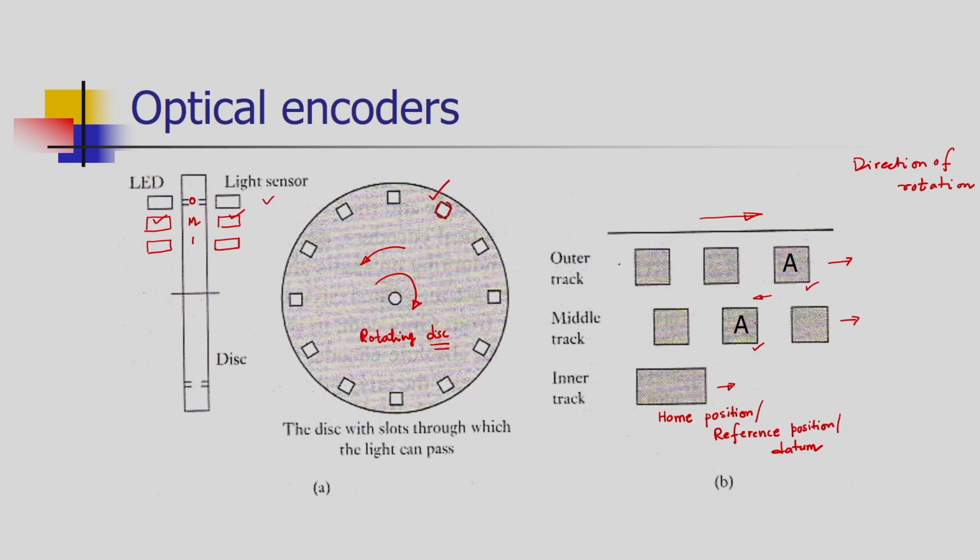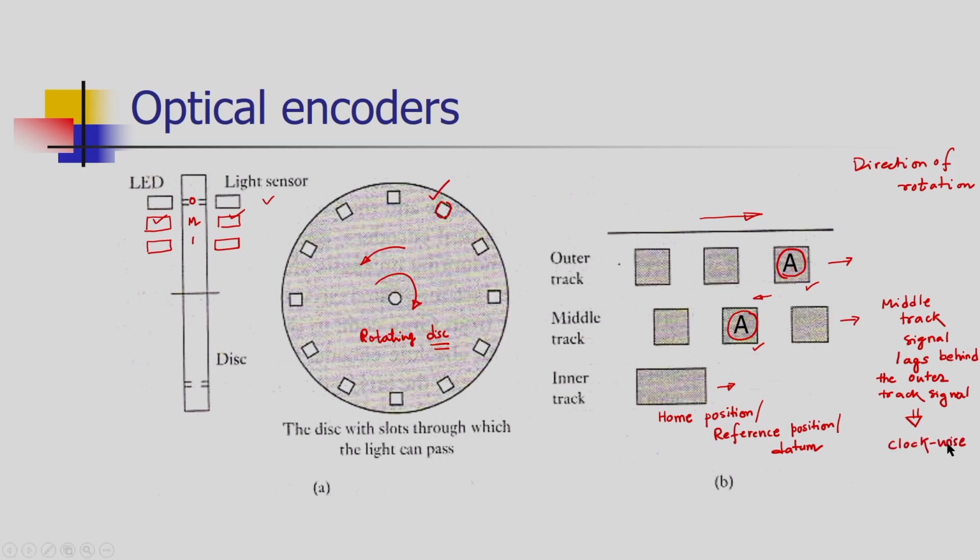So the pulse at the middle track is lagging the pulse at the outer track. So when the middle track signal lags behind the outer track signal, we are getting clockwise rotation.